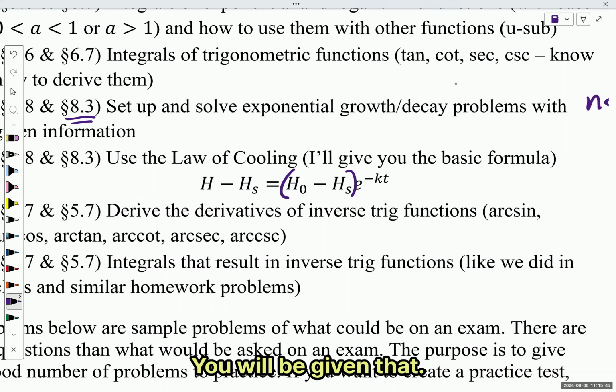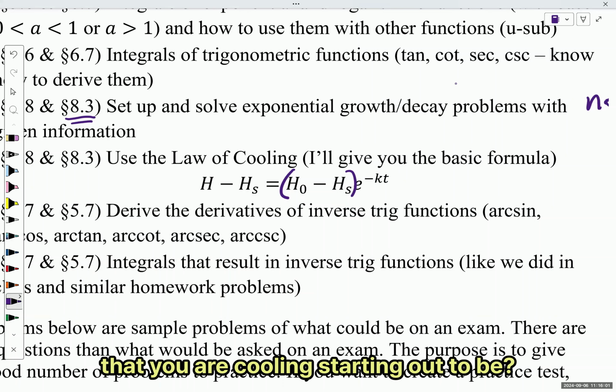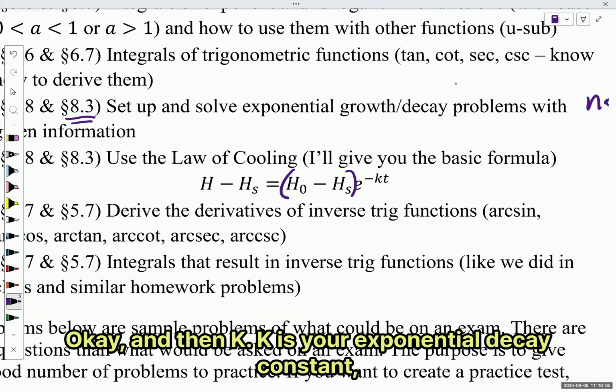You will be given that. You have to be given some of these and you may have to find one of them. What about H sub 0? Initial temperature. So what is the thing that you are cooling starting out to be? And then K. K is your exponential decay constant.